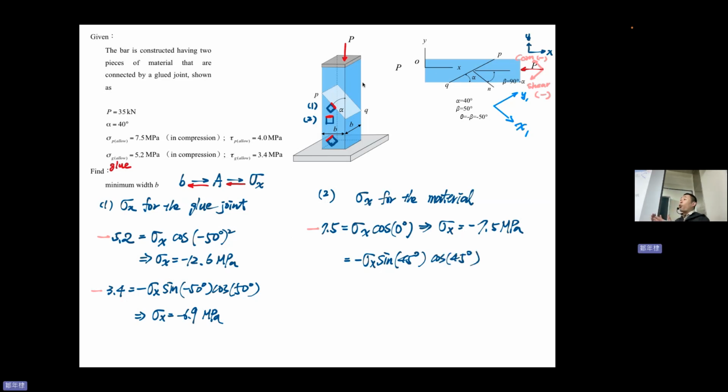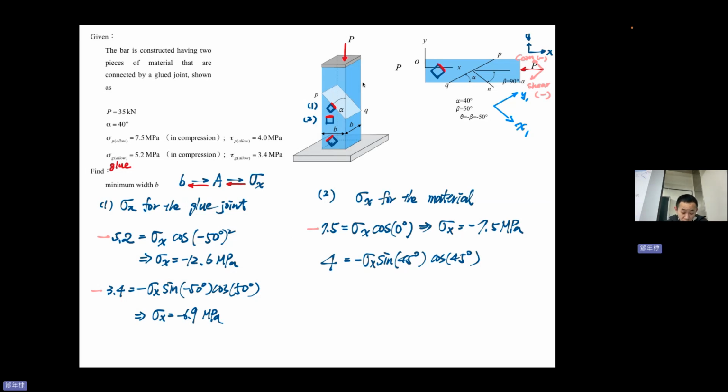This is where the maximum shear stress occurred, right? 45 degree. And what is that? This is 4, right? The 4 here, and then we say this is 45 degree, right?